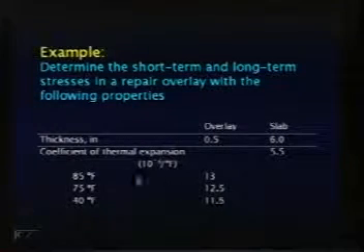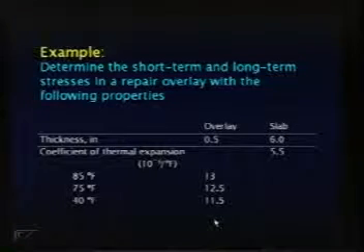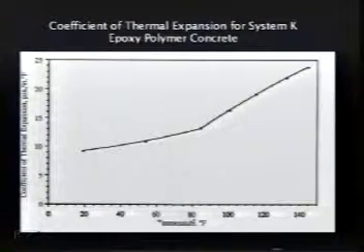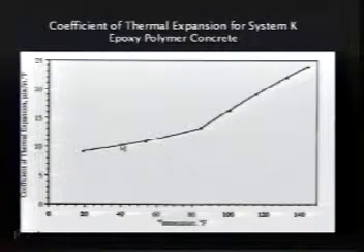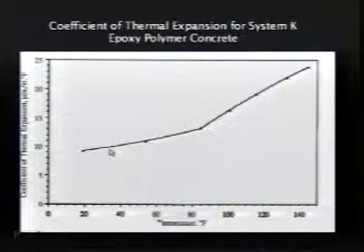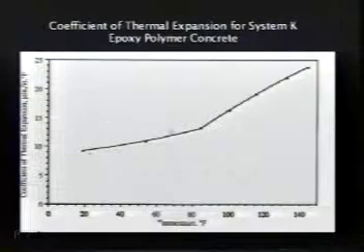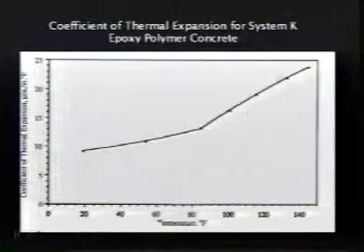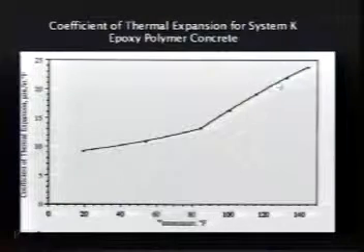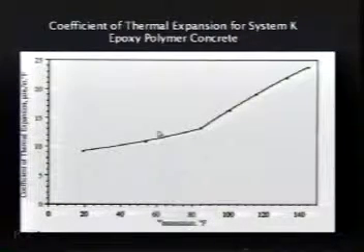13, 12.5, and 11.5. These are actually measured values. I think maybe I've got, yeah, there you have a curve here that we found in the laboratory. And many of you know that polymer concrete exhibits somewhat of a bilinear coefficient of thermal expansion relationship, somewhere up around 80 to 100 degrees. Most of these materials will tend to have a higher slope on that curve.